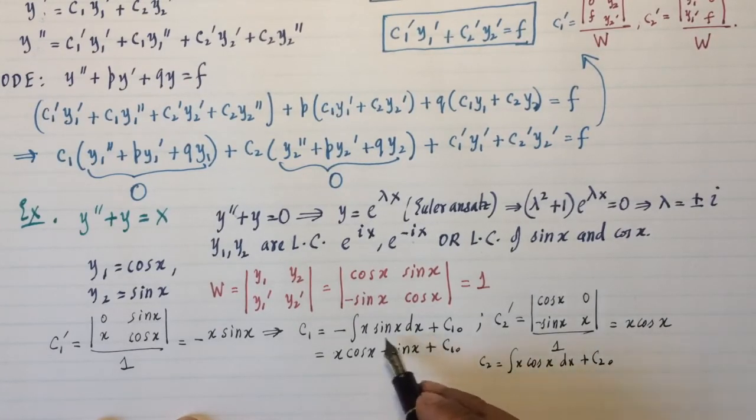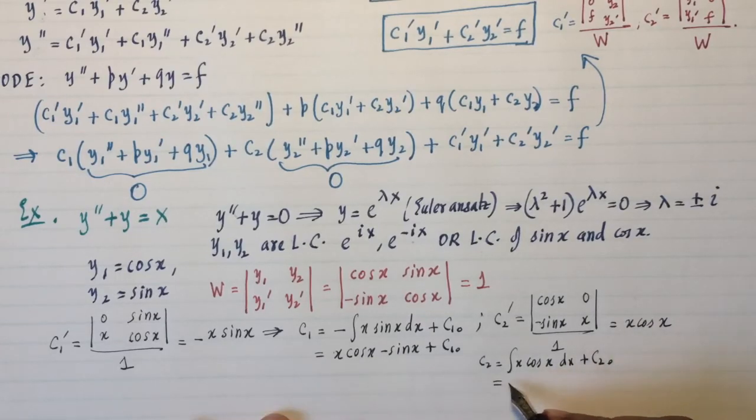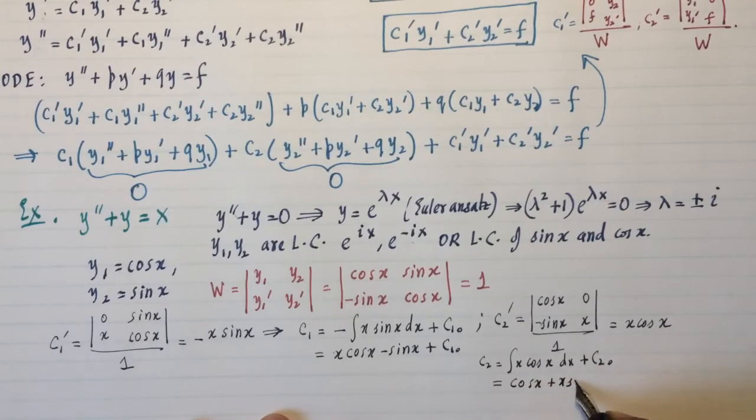That's why the Euler method is so good. If you use Euler's trick and write this as an imaginary part, then this can be written as a real part. So in one step, you can get both these integrals. I've shown these details in the example in the notes. You can look at that. And so C2 will end up being cosine x plus x sine x plus C2 naught.